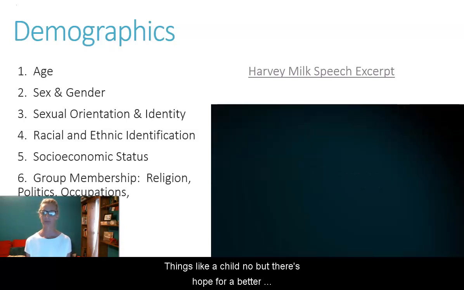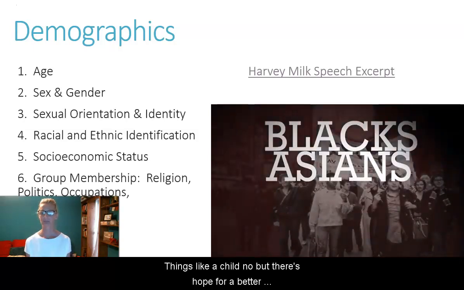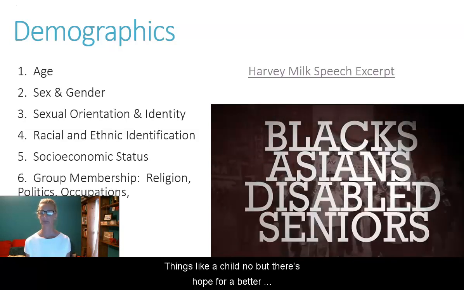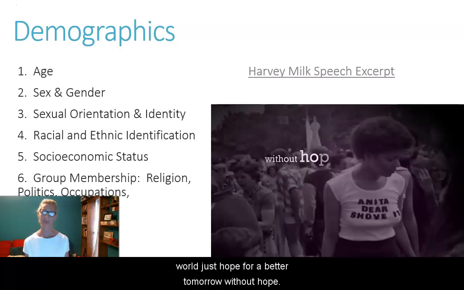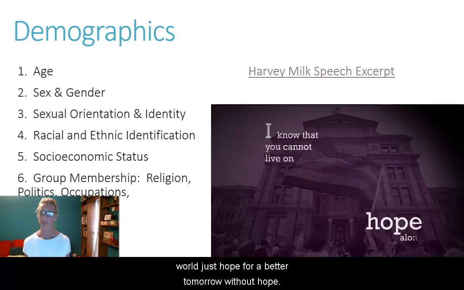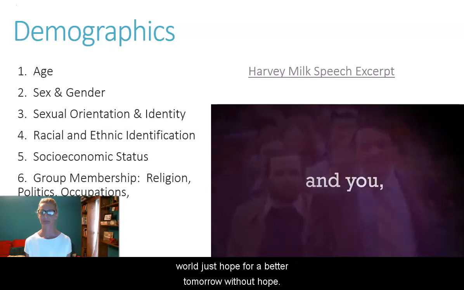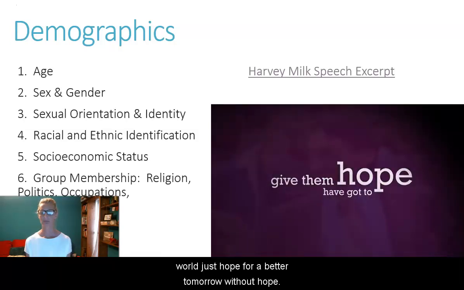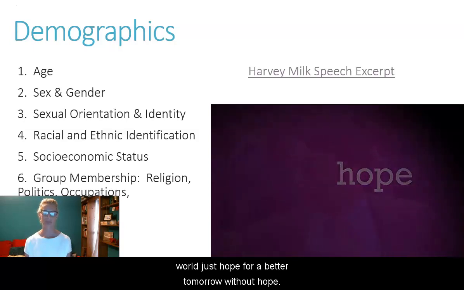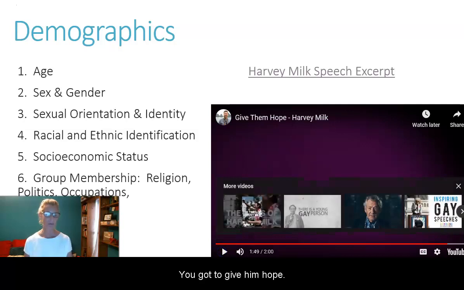Without hope, not only gays, but those blacks and the Asians and the disabled, the seniors, the us's, without hope, the us's give up. I know that you cannot live on hope alone, but without it, life is not worth living. And you've got to give them hope. Thank you very much. You got to give them hope.